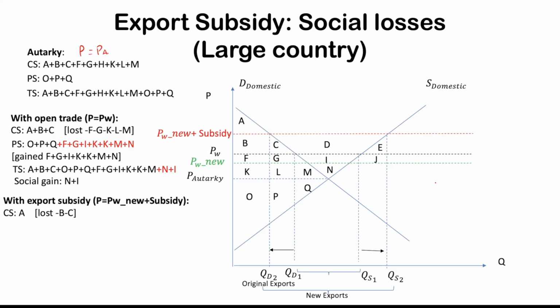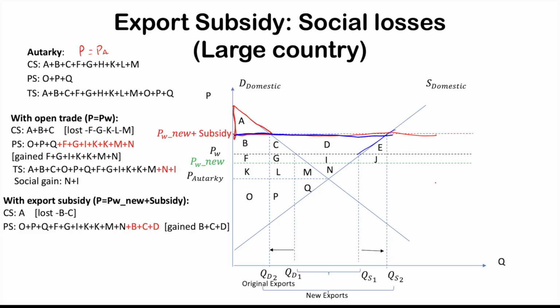Now suppose the country decides to impose an export subsidy. So P new plus subsidy is our new price line. And the consumer surplus is the area above the price and below the demand curve, which is A. So it lost even more area. The producer surplus gained a lot of that area and more. So it's the area below the price above the supply curve.